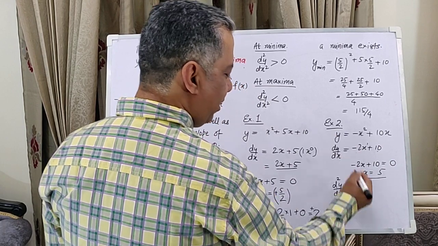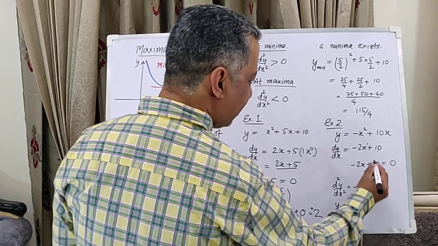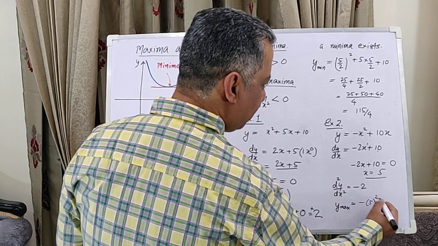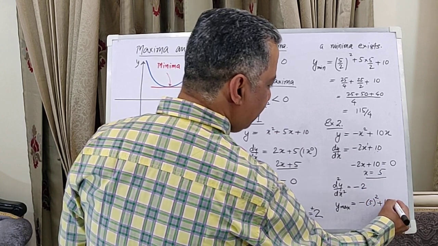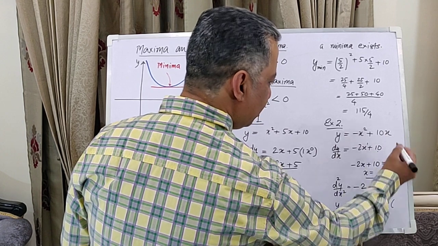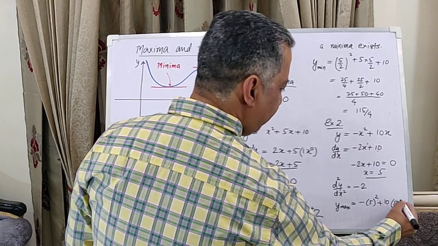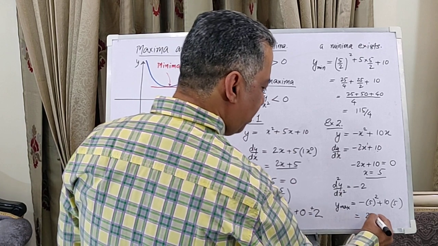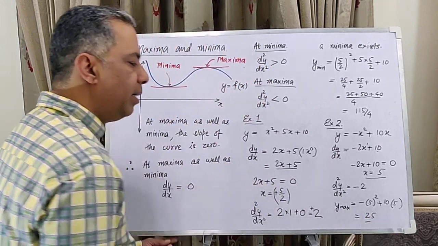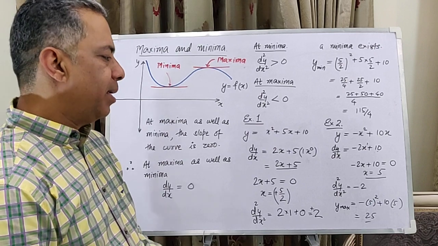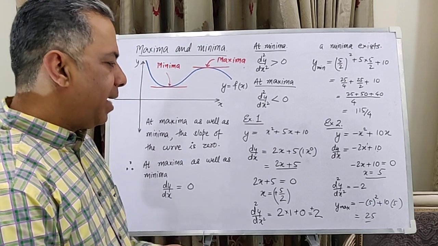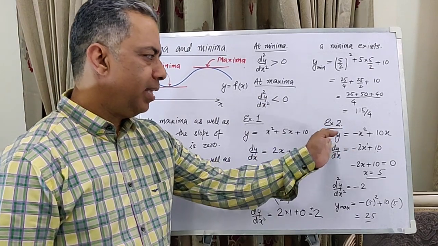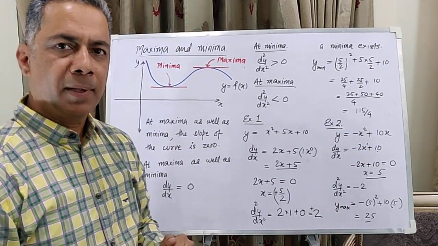So the maximum value of y is minus 5 square plus 10 into 5, and that's 50 minus 25, so you get 25. And that 25 now is the maximum value of y in this particular relation.